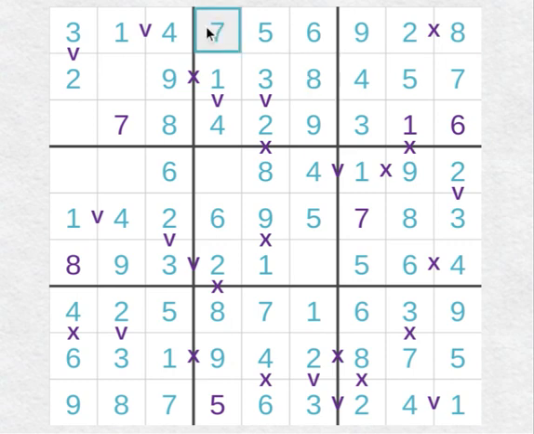That's a 7. Last digit in this row is 5 goes in there, and this is going to be 6. What we need in here is 5 and 7. 7 goes in there. Last digit, a 3.